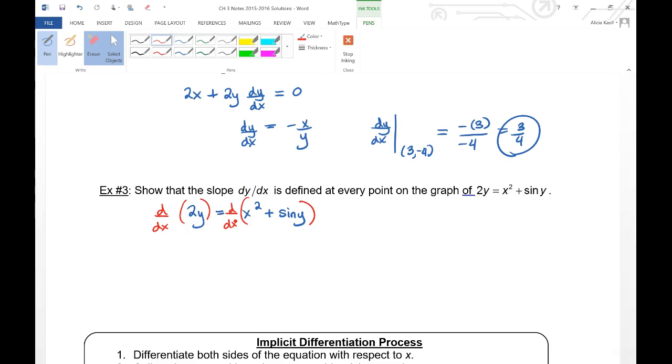Think about this for a moment. Remember when you had problems in the past where I would say, this is just like another, let's say I gave you this. I never showed this, but really what you were doing is you were taking d/dx of both sides.